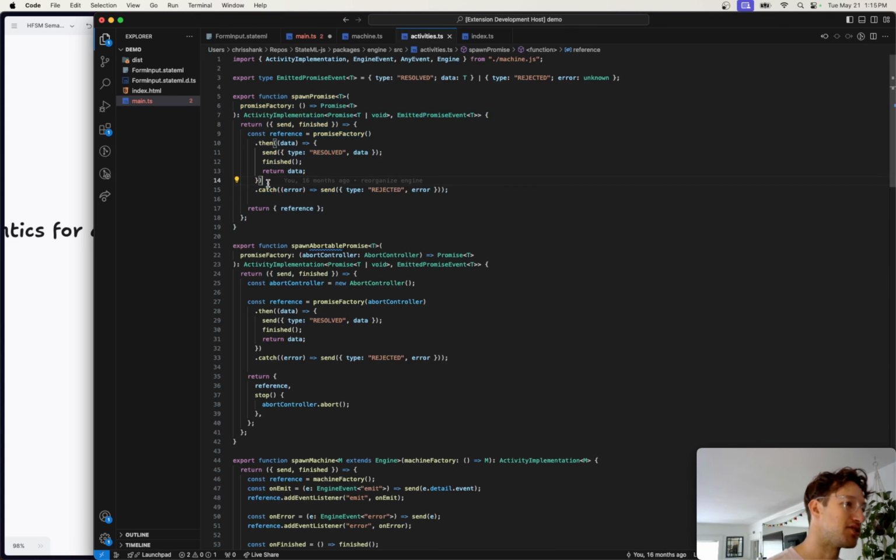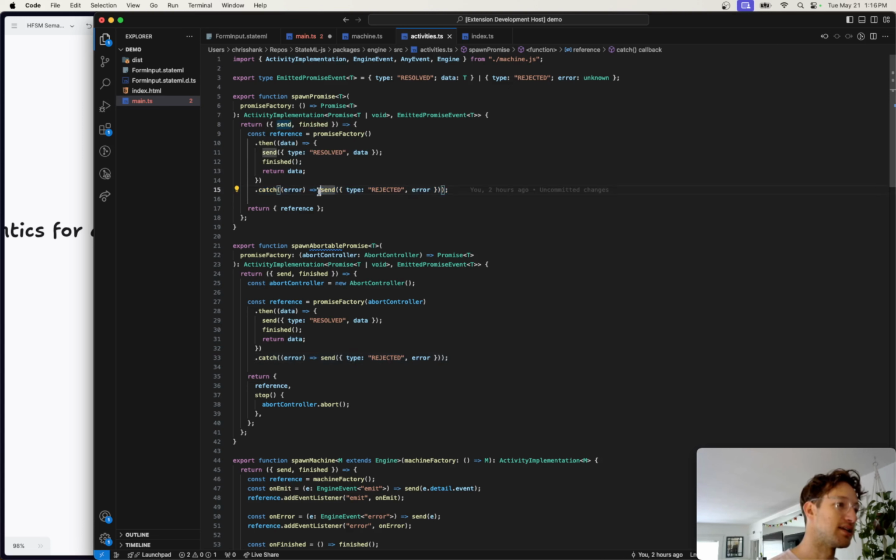This is all it's doing, is just instantiating that promise lazily, and then when the promise finishes, we send resolve up, and then we call finished, and we also return the data that was passed to it, and then we catch any errors, and if so, we send a rejected up.